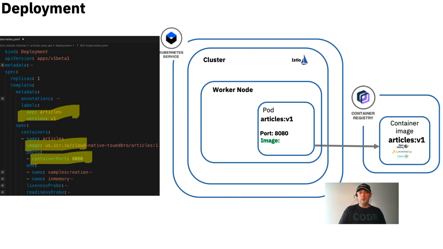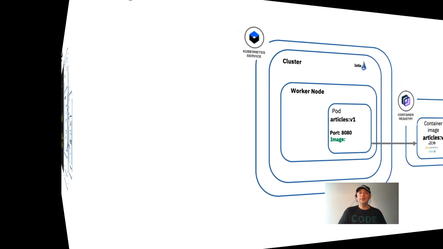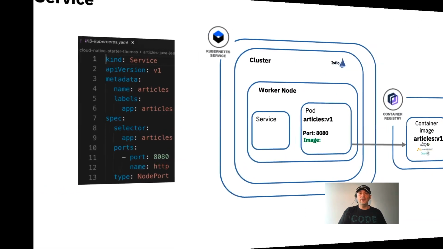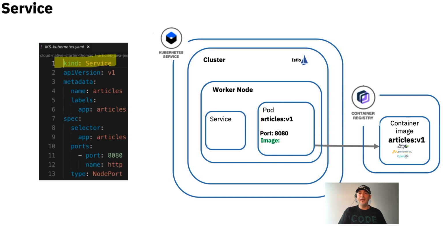Let us move on to the service specification to access the microservice. To access the articles microservice, we need to specify a service. A service contains the information how to route requests to the pod with our microservice. In the service specification, we add a name for the service to identify it.